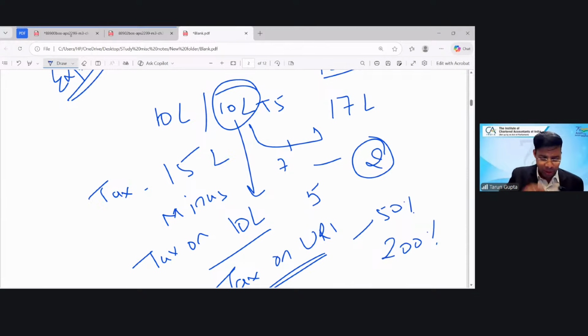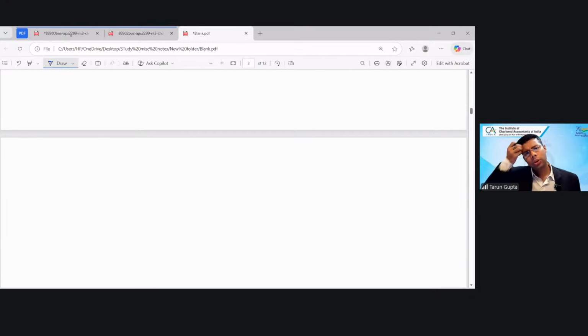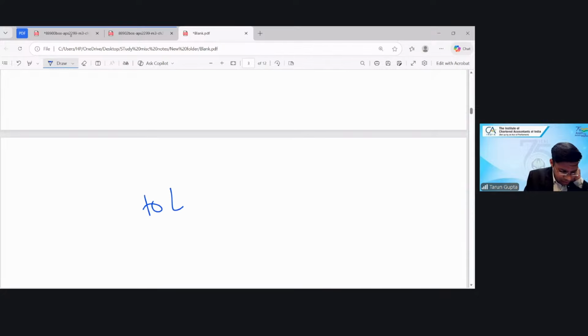You're with me? In this case, I did this example so that you understand the impact of rupees 2 lakh where the assessee could provide a satisfactory explanation. Let's take a simple case. Income returned or income determined in the intimation is 10 lakh.